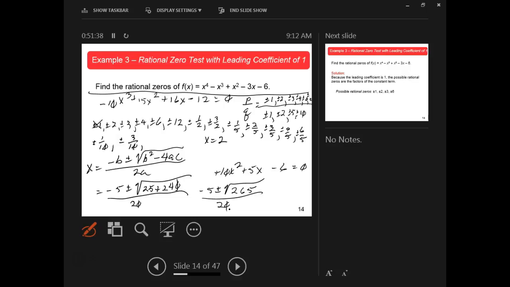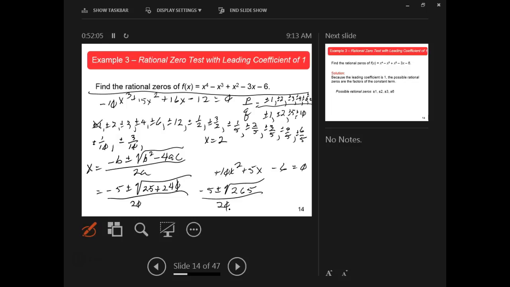It's not. So, let's see if it'll factor any. I know 5 will go into it. 5 will go into 265 53 times. And that's 3 times 17. So there's not going to be any factors. There's your answer. Okay?